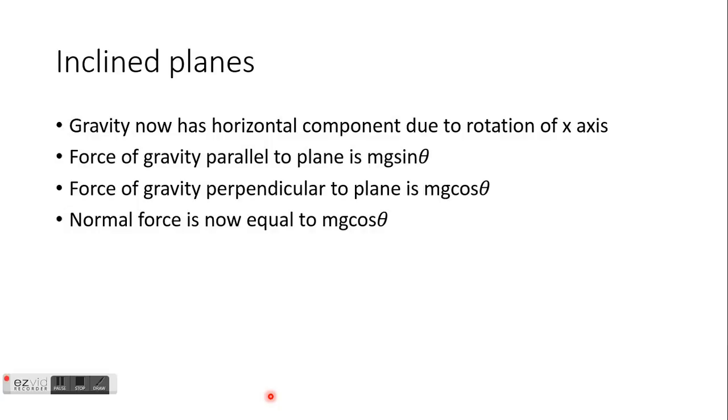The force of gravity parallel to the plane is equal to mg sine theta, and the force of gravity perpendicular to the plane is equal to mg cosine theta. So the normal force would now be equal to mg cosine theta instead of just mg. On inclined planes, sine and cosine switch. Normally cosine is the parallel, but in this case it's perpendicular.